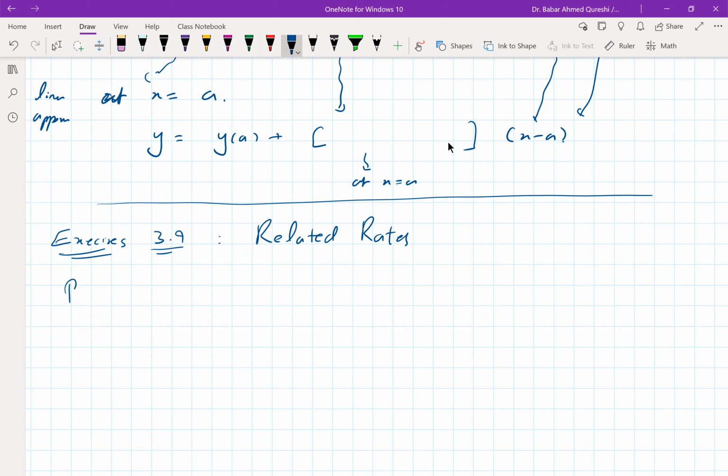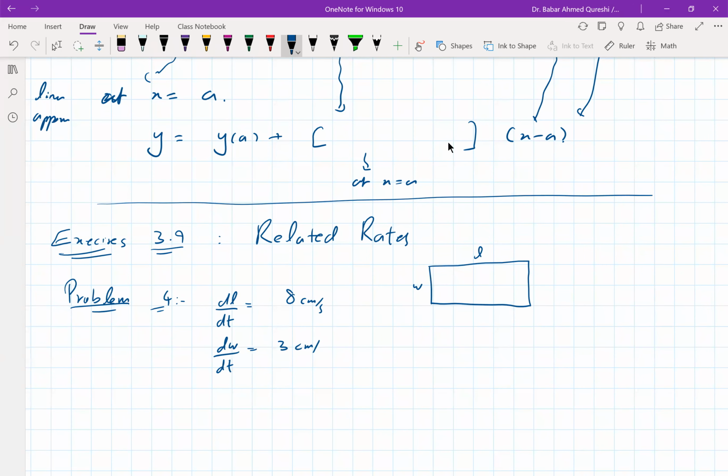So this is the problem 4. So it says that you have a rectangle and it has a length and it has a width. So the length is increasing at a rate of 8 centimeters per second, and the width is increasing at the rate of 3 centimeters per second.